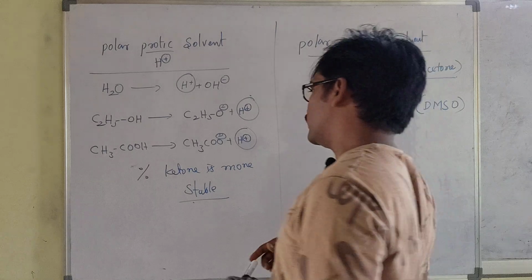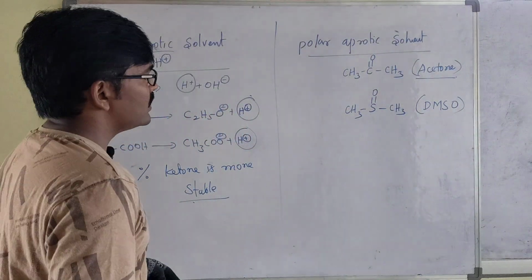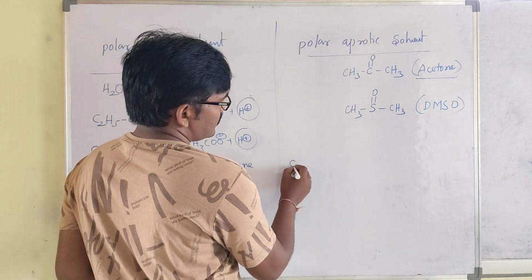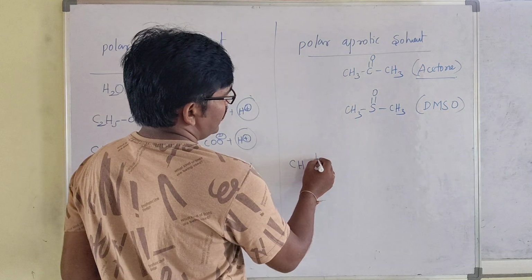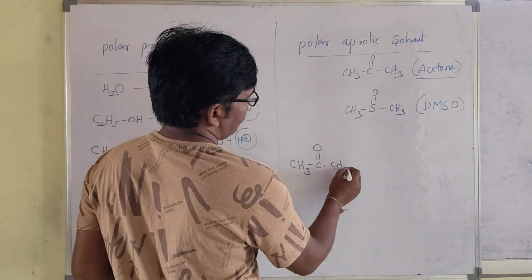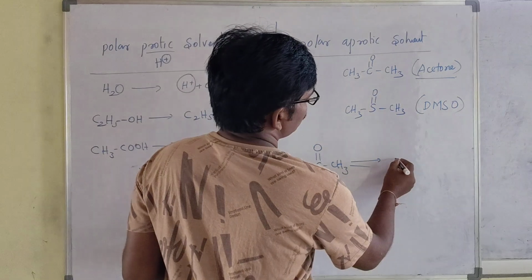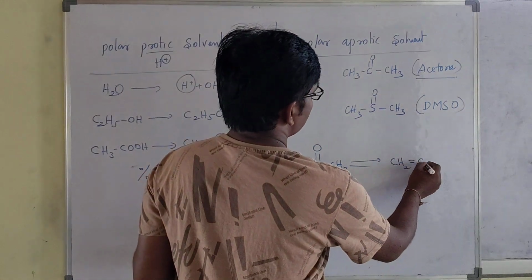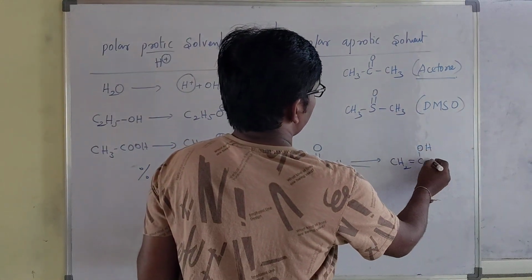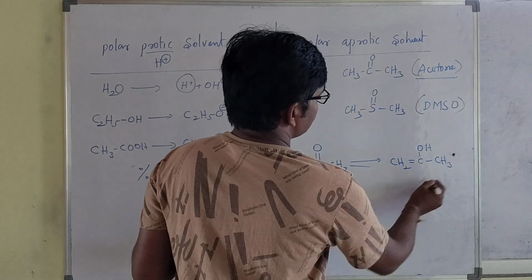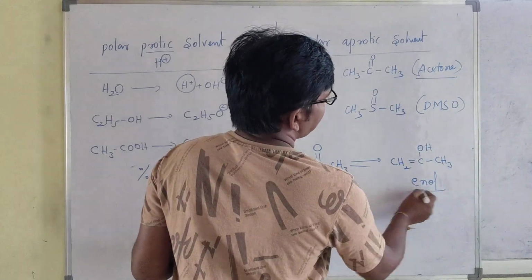That's what we told. So look now. In the case of CH3, C double bond O, CH3, when it dissociates, CH2 double bond C, OH, then CH3. So this is enol formation.